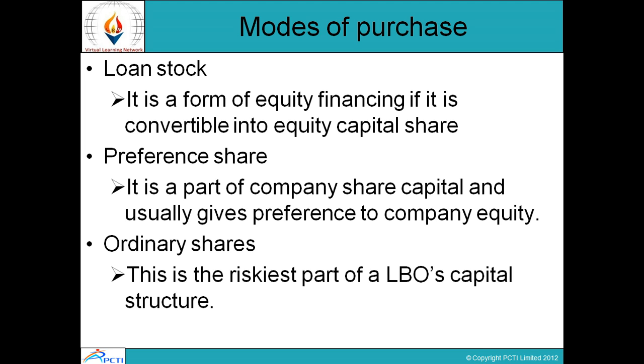Another mode of purchase that we talk about is preference share. This forms part of a company's share capital, preference share capital, and it usually gives preference to the company's equity preference shareholder, a fixed dividend and a fixed share of the company's equity.